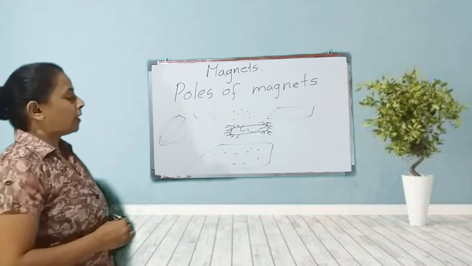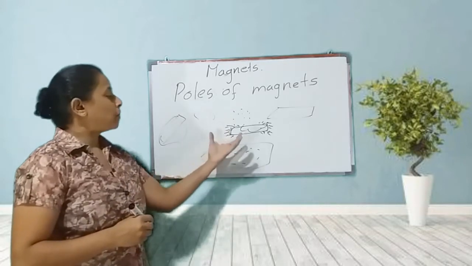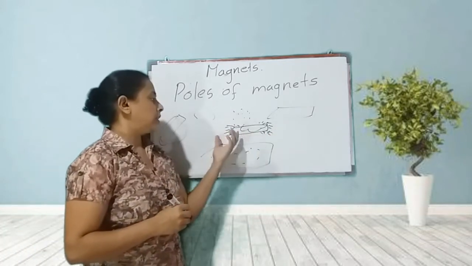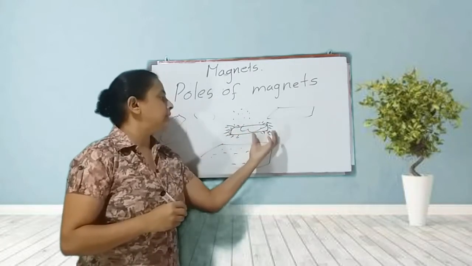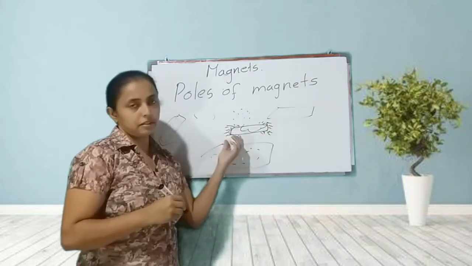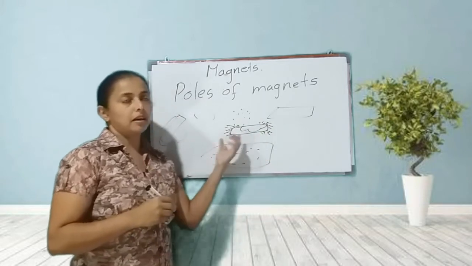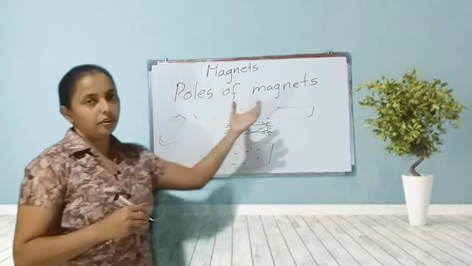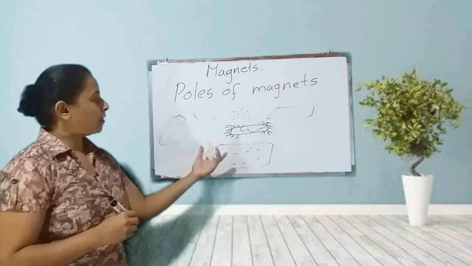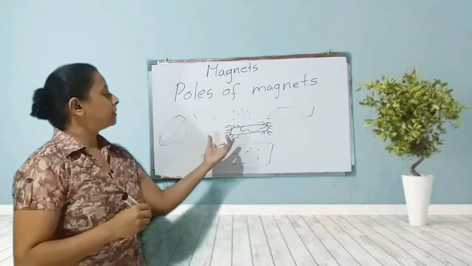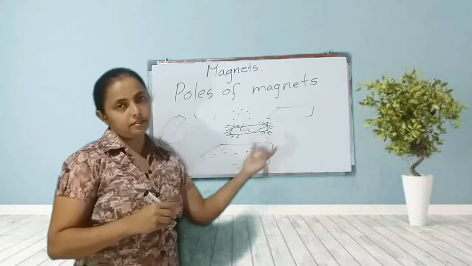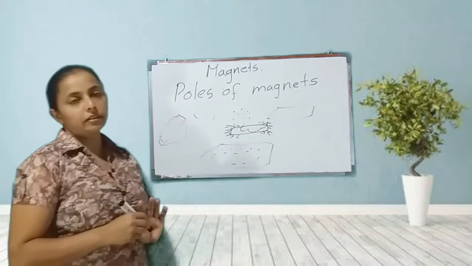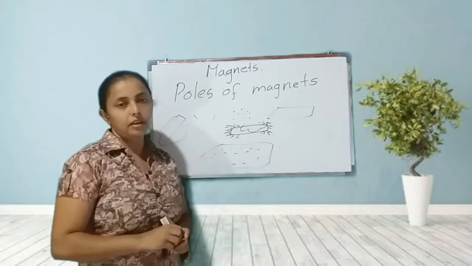The most powerful magnetic force is concentrated in these regions. These regions we call the poles of the magnets. More magnetic power is concentrated at these ends.